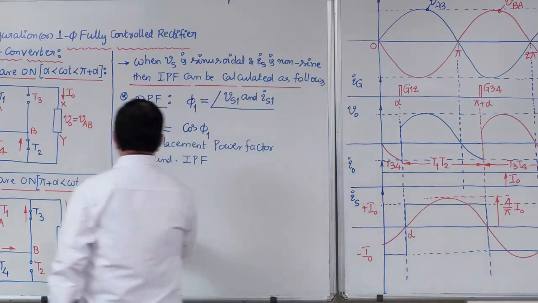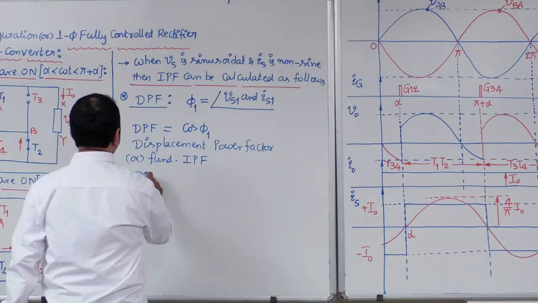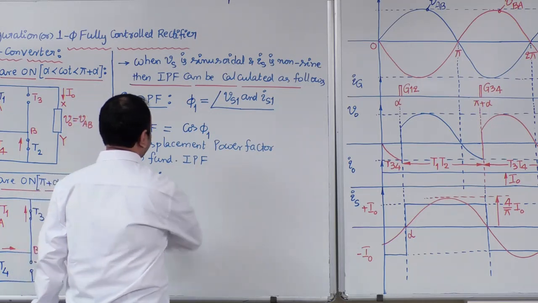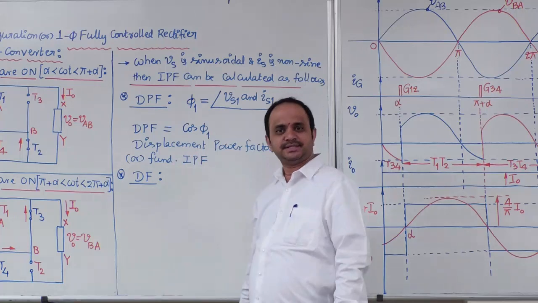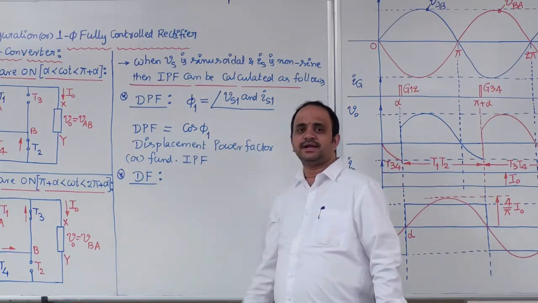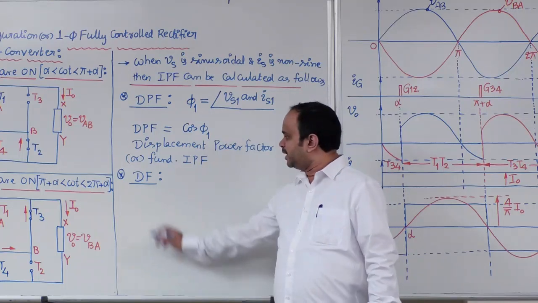Okay, next. The second factor that we need to define is distortion factor. Now, distortion factor will be defined at the AC side. While starting the rectifier analysis, we discussed AC and DC waveforms comparison.